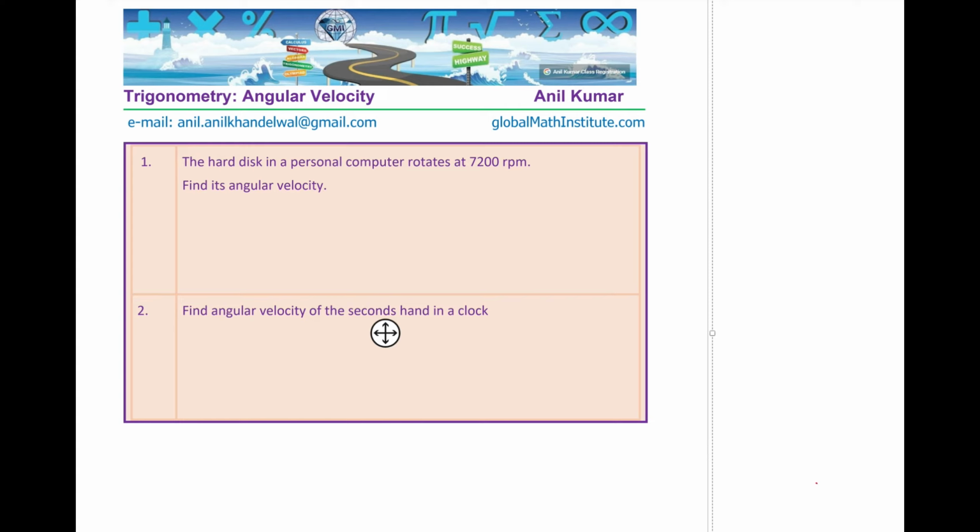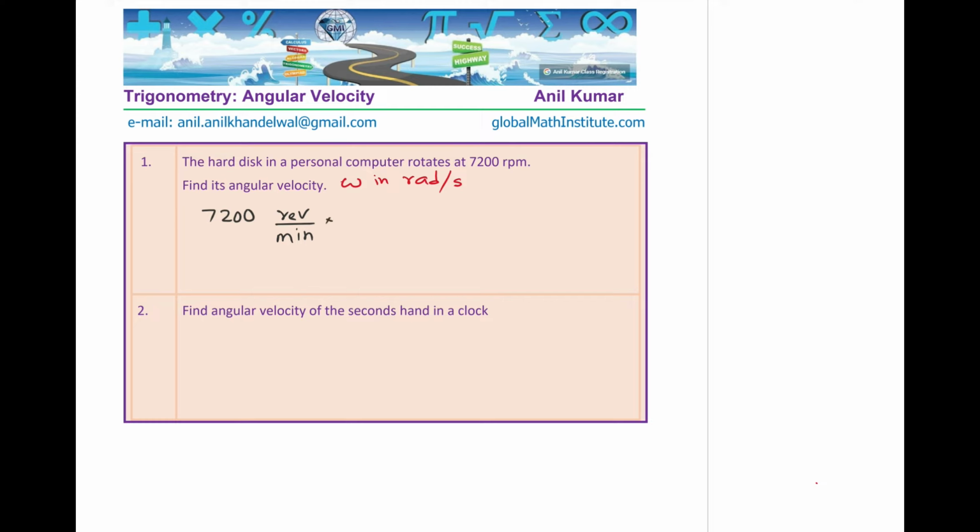The very first question here is, the hard disk in a personal computer rotates at 7200 revolutions per minute. Find angular velocity. So when we say angular velocity, we mean omega in radians per second, right? So that is what we need. So let's see. It is basic conversion of units. 7,200 revolutions per minute. That is given to us.